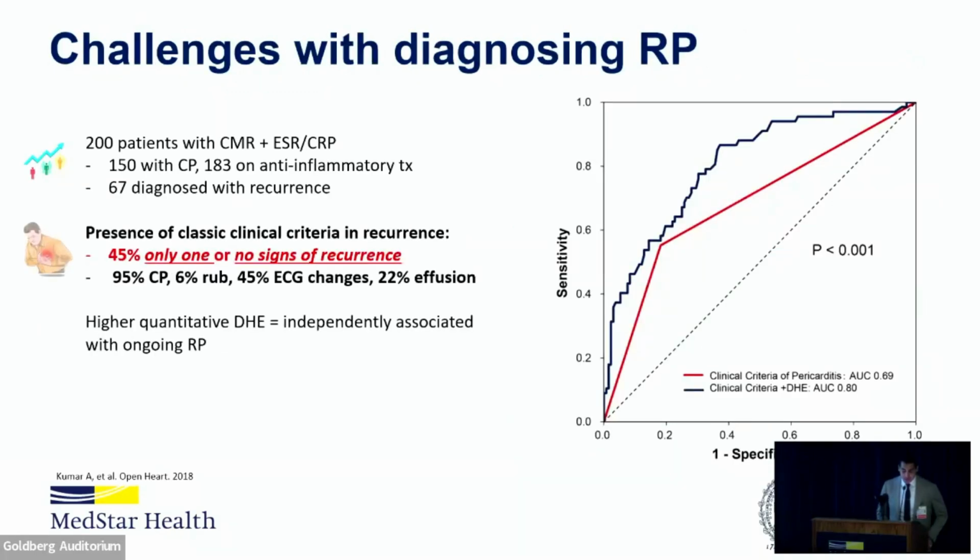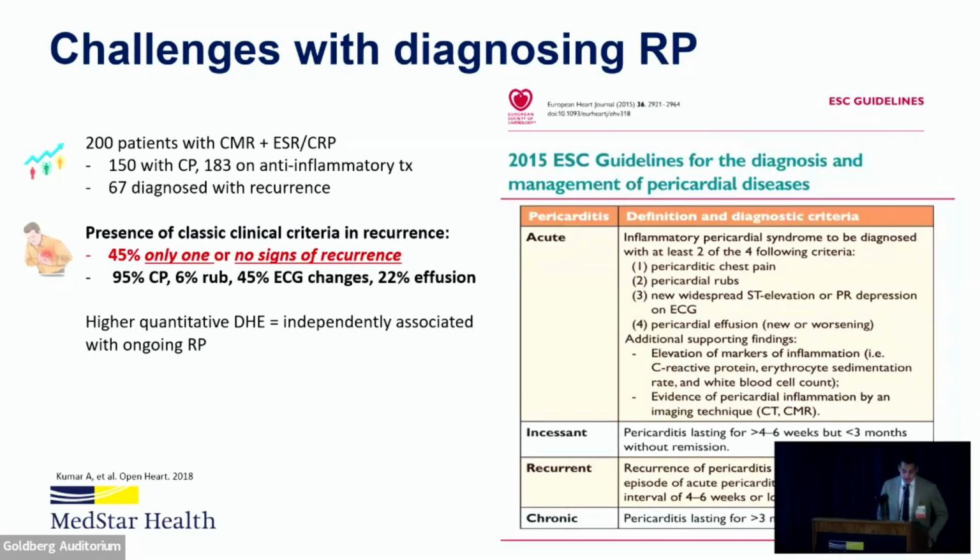And challenges with diagnosing recurring pericarditis are very important. This is a study also from Open Heart in 2018, where they found that patients, if we look at these 4 criteria, so firstly, these were 200 patients, and they all underwent CMR and inflammatory markers. Only 45% had only 1 or no signs of recurrence according to this definition that we have by ESC.